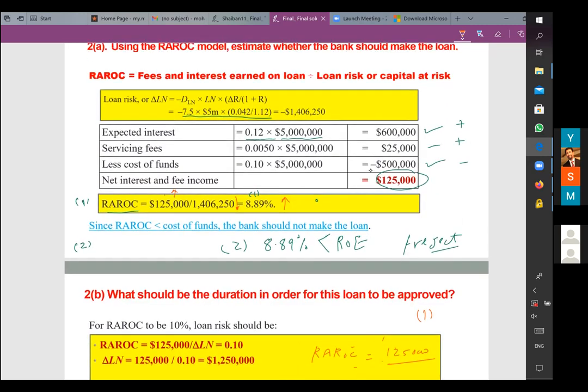I need to play with this number. If I tell him, can you pay me faster? The duration of this loan is 7.5 years. Can you pay it in less than 7.5 years?